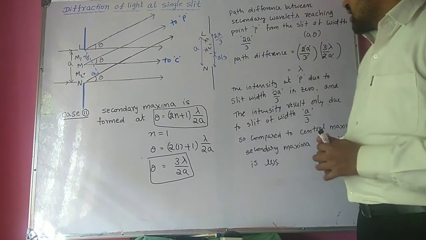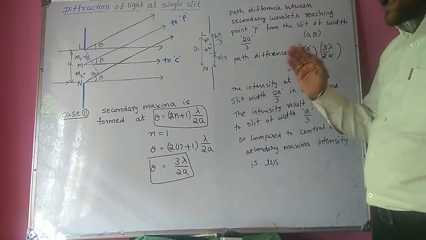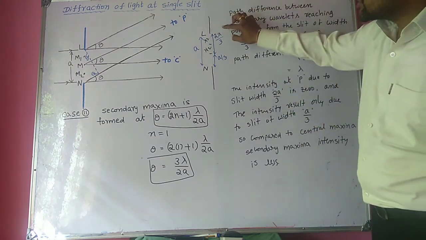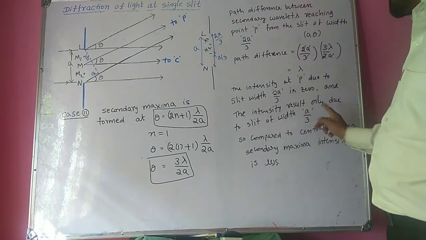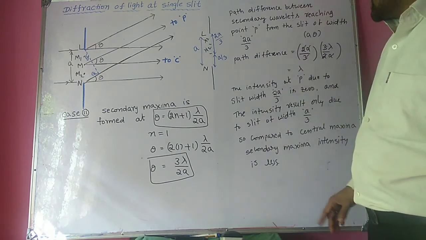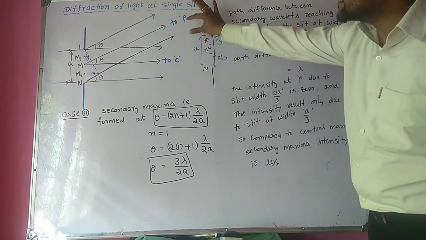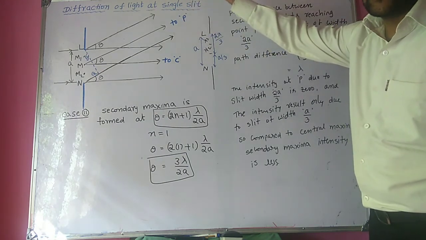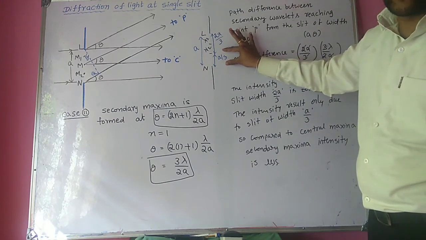And finally, the intensity at point P due to the slit width 2A by 3 is 0, because these two parts cancel each other. The intensity results only due to the slit of width A by 3. So that's why compared to the central maxima's intensity, the intensity of the secondary maxima is less, because that intensity resulted from only a part of the slit.